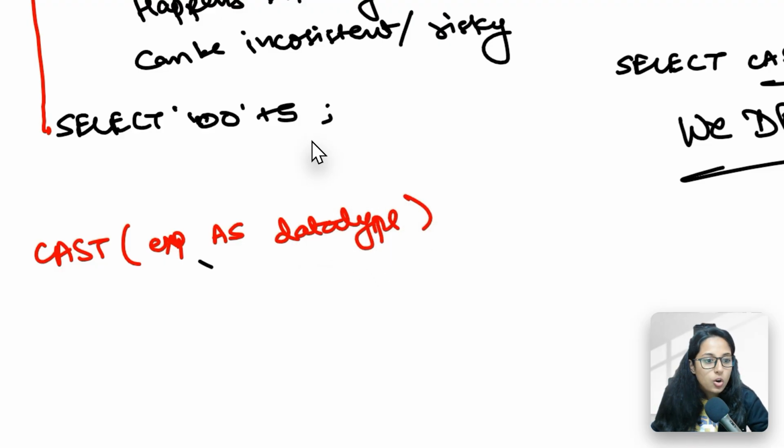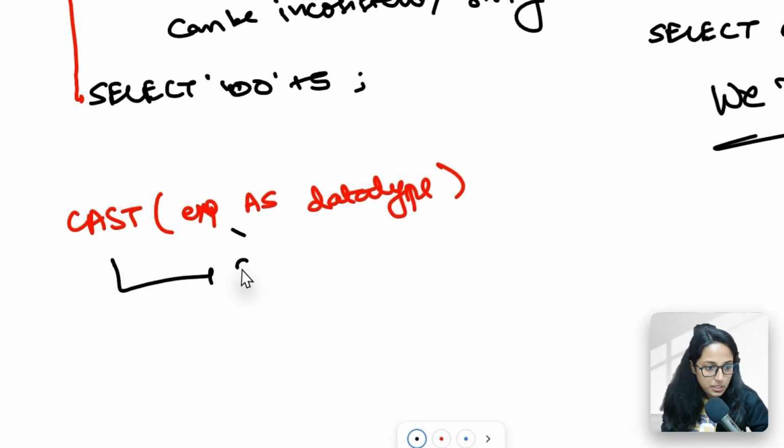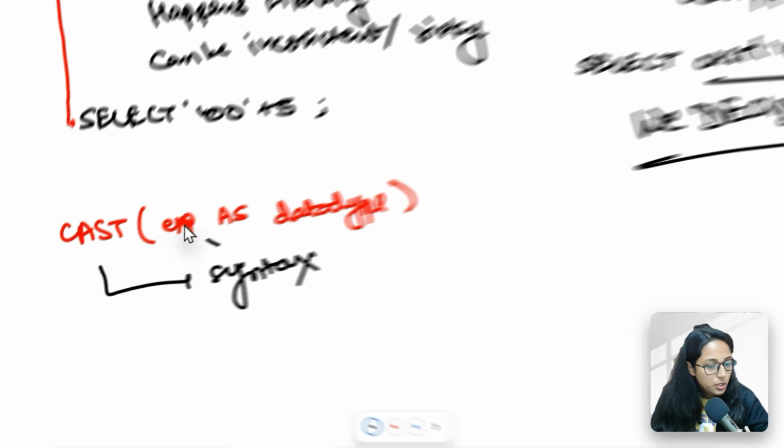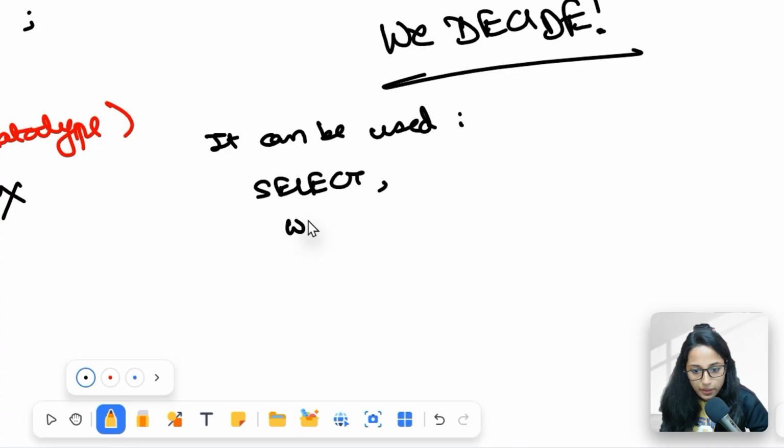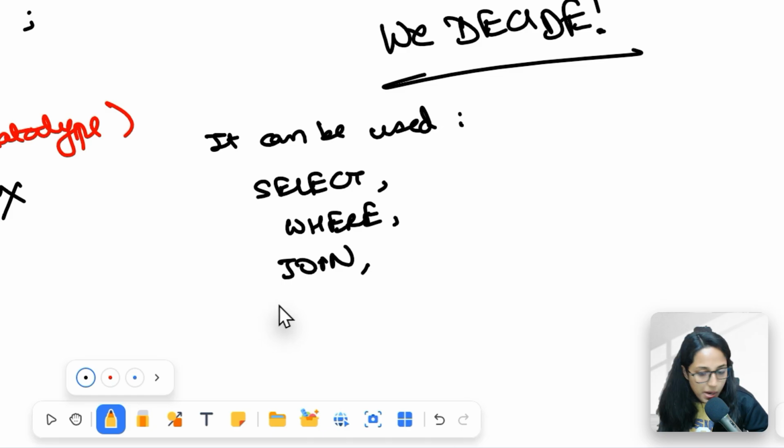So that's how the syntax is used for cast. Where cast can be used: it can be used in my select, my where, my join clause, my order by, and my group by.